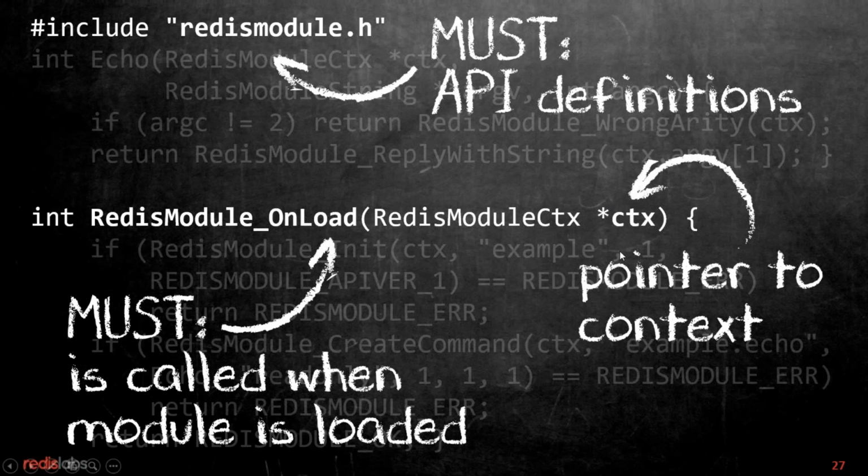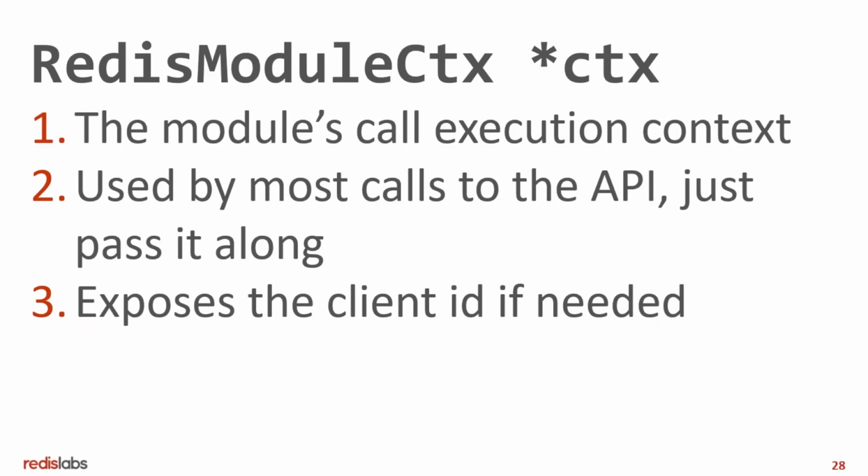Note this parameter, the CTX parameter, or the Redis module CTX context that you get. The context is the module's call execution context. It basically acts as a housekeeping internal memory data structure that Redis maintains, and it's used by most calls to the API, so you just pass it along from one call to another as needed.